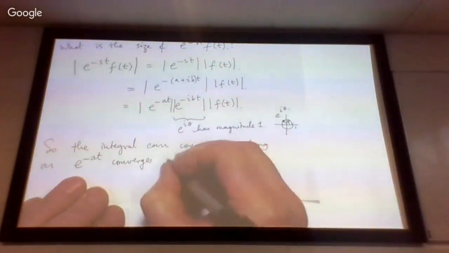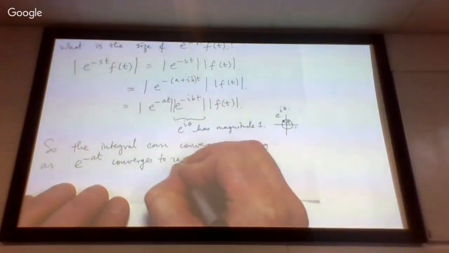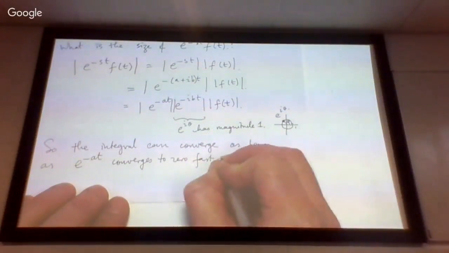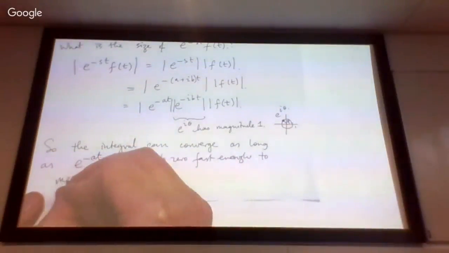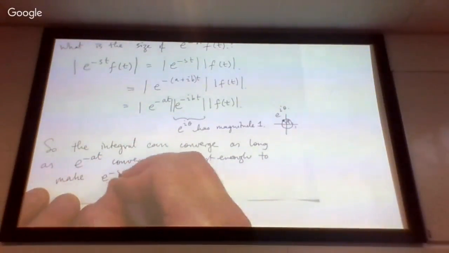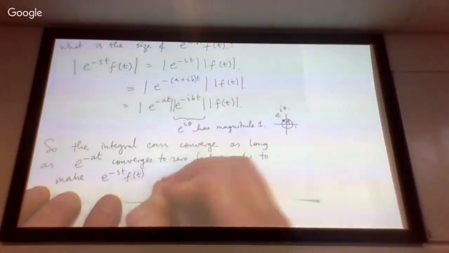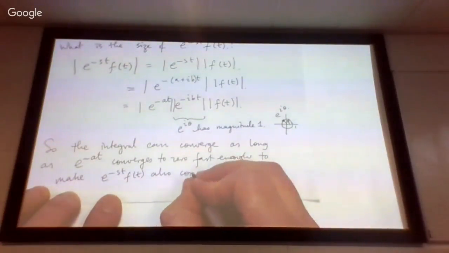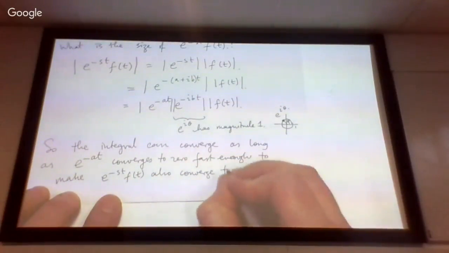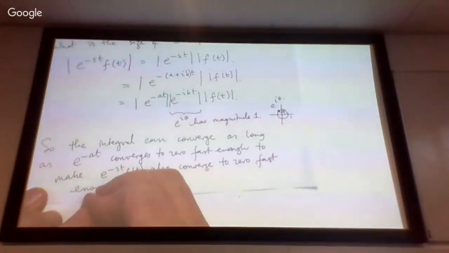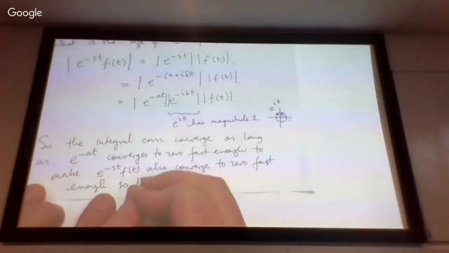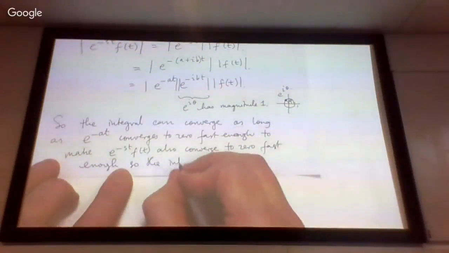As long as e to the minus at converges to 0 fast enough to make e to the minus st f of t also converge fast enough, the integral can converge.